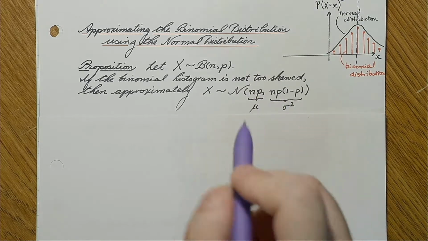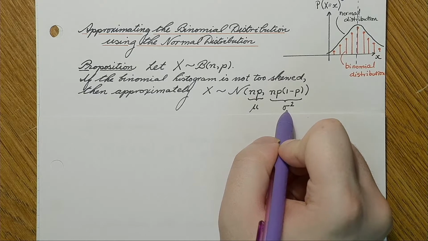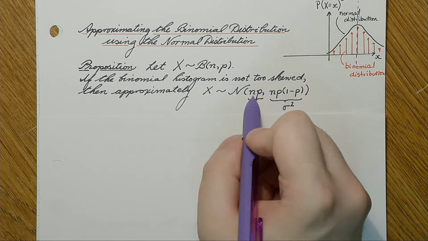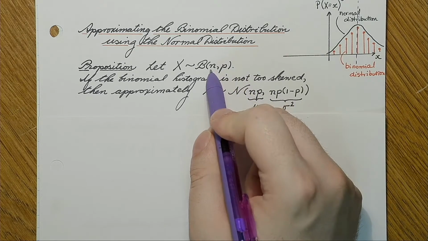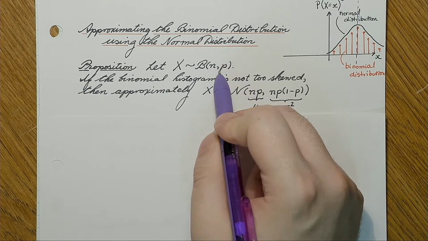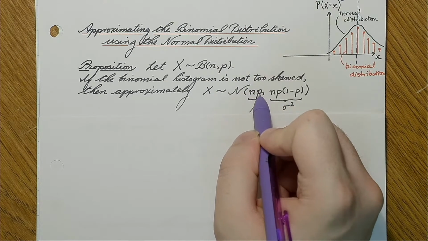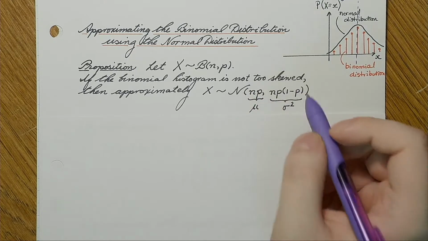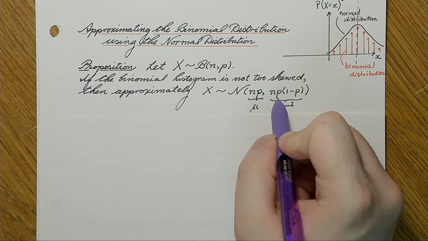And for those two parameters that we have for the normal distribution, mu and sigma squared, we have to base it off the parameters that we have with the binomial distribution. So for mu, we use np. Again, that's the expected value of the binomial distribution. And over here, we use the variance of the binomial distribution.